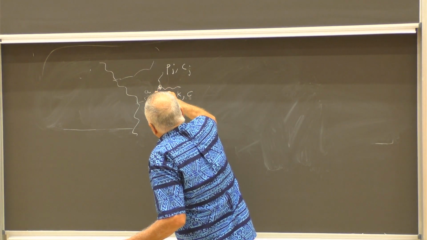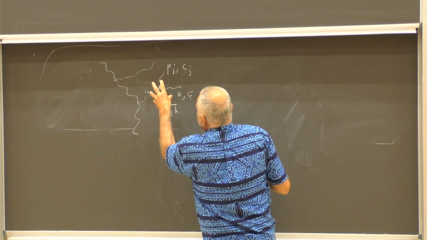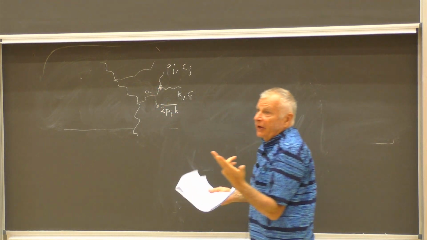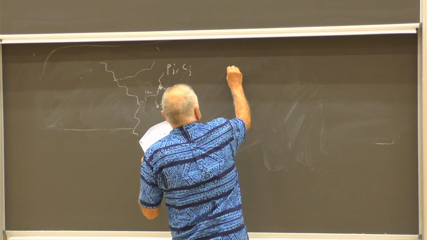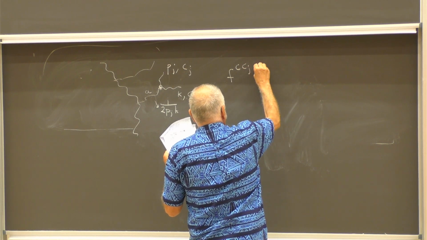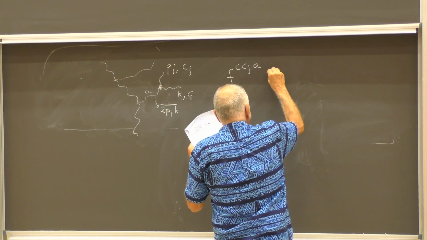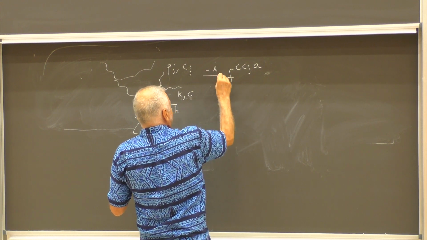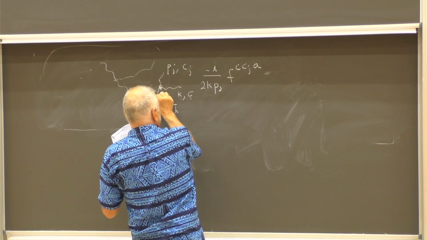So I want to focus on one specific one. The only thing needed to figure out the structure of the singularity is to write explicitly this vertex, as I did before. And that is very simple. In this vertex, apart from the coupling constant, there is a structure constant, f with indices C, Cj, A. And then there's minus i divided by 2K·Pj, which is from the propagator.